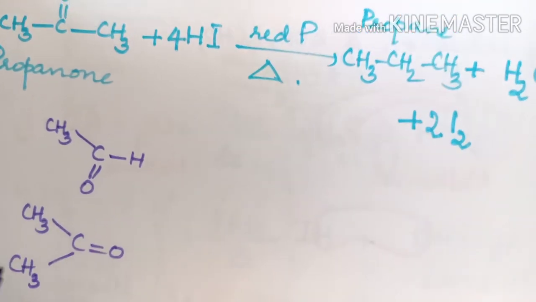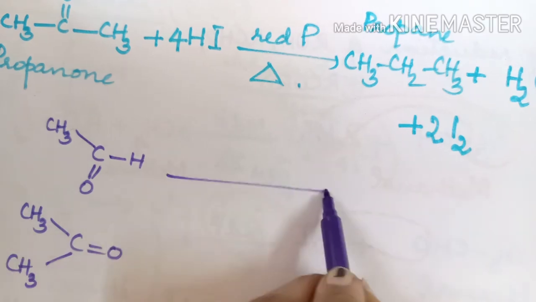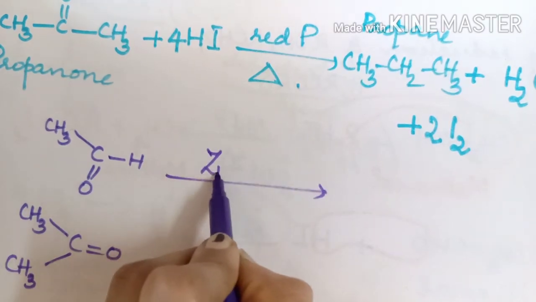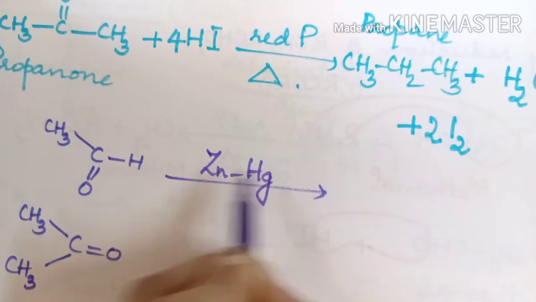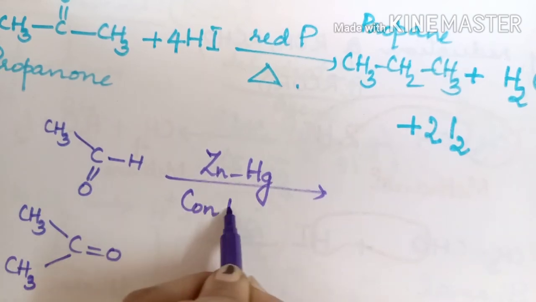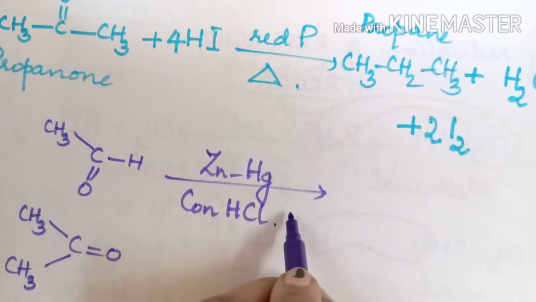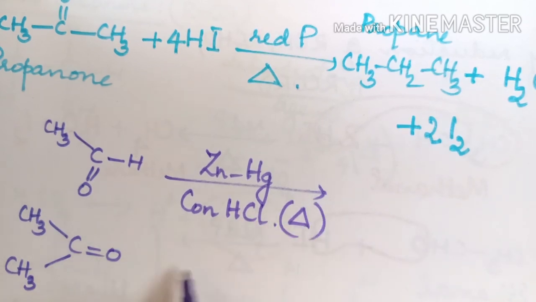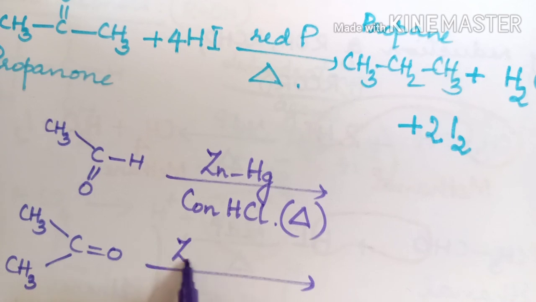If it is subjected to the reaction with zinc amalgam, that is zinc in the presence of mercury, and concentrated HCl, and the compound is heated, the reaction is known as Clemmensen's reduction.